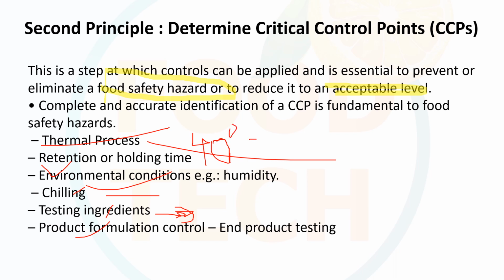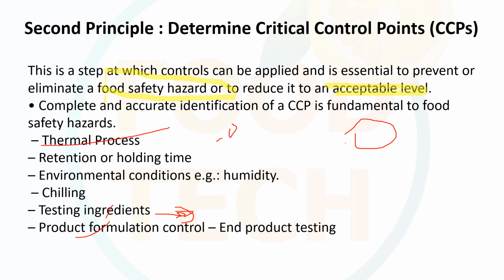If the product is exposed above 40 degrees Celsius, there is harm to the texture and to the physical attributes of that product. So here the critical control point is 40 degrees Celsius; above that you can't go. So this is all about the critical control point.